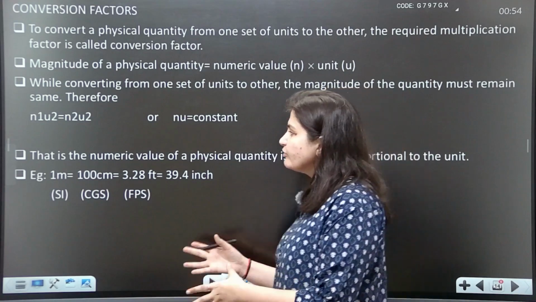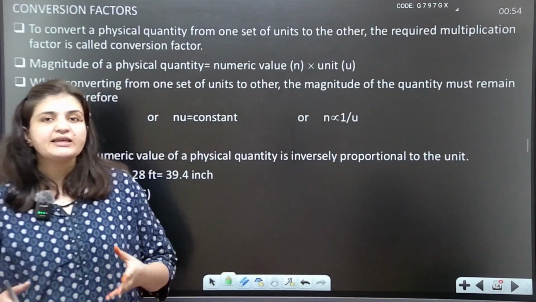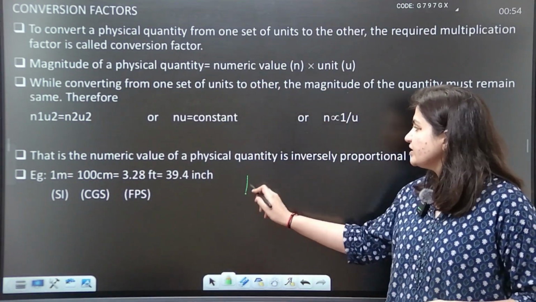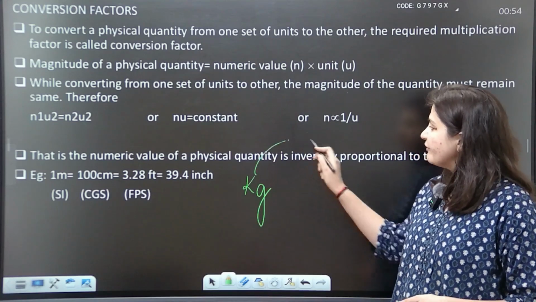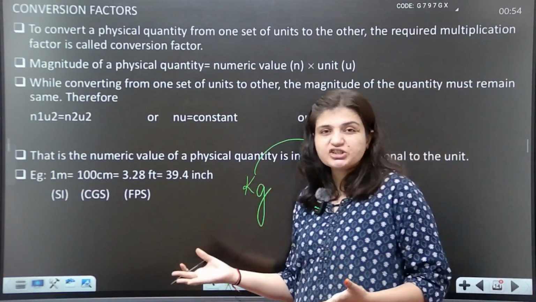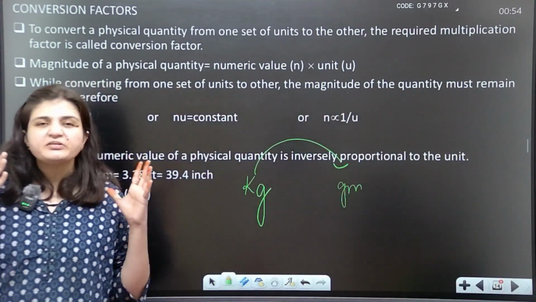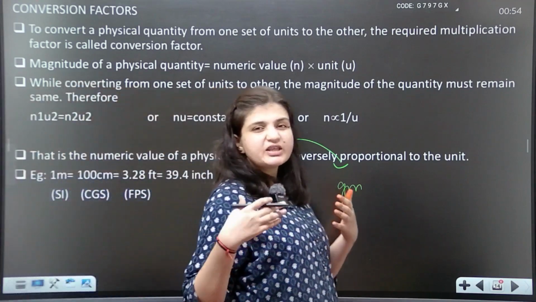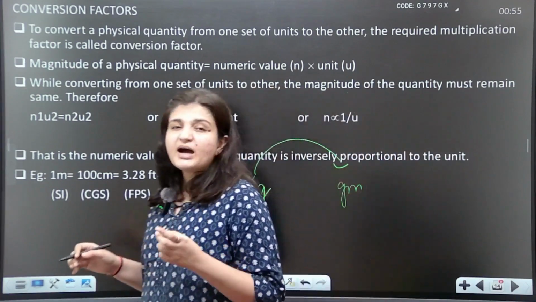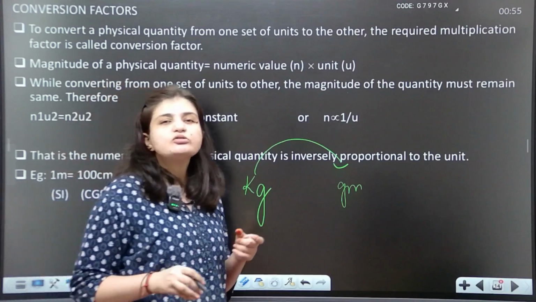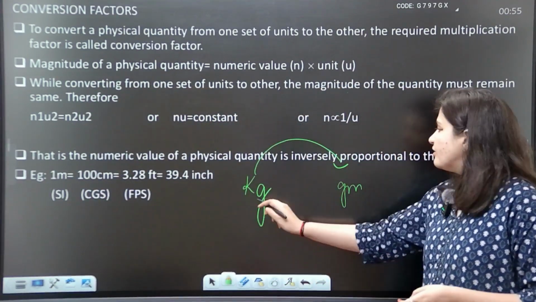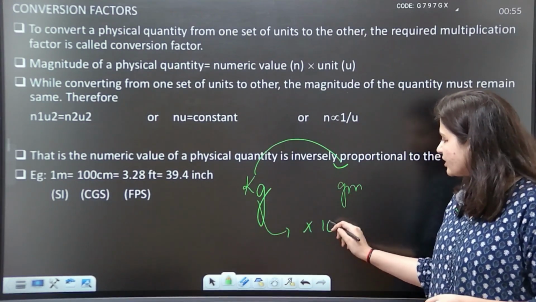Now students, conversion factor. What do we understand by the conversion factor? If we are measuring mass in kg and we have to measure it in gram, how do we change it from kg to the other form? That is called the conversion factor. To change kg into gram, we multiply by 1000.